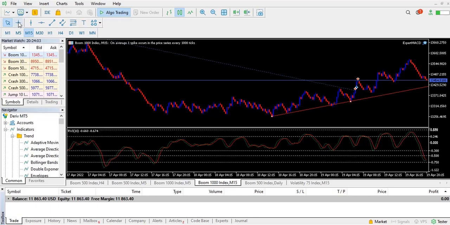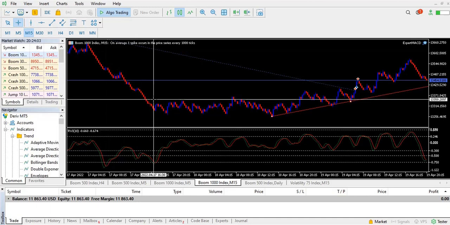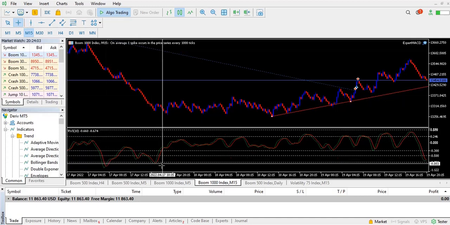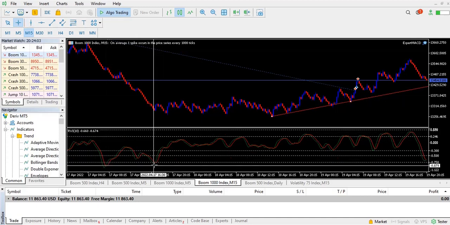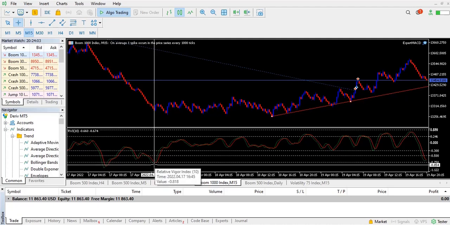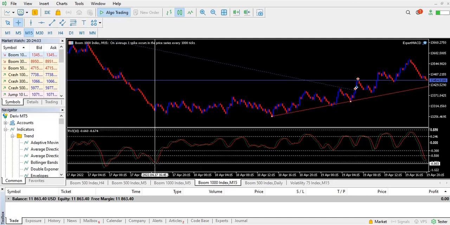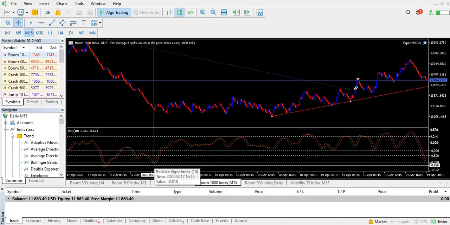As you can see here on the 15-minute time frame, immediately this green moving average gets to level 0.750, you can go in. This is Boom 1000. You can just go into the market and buy.